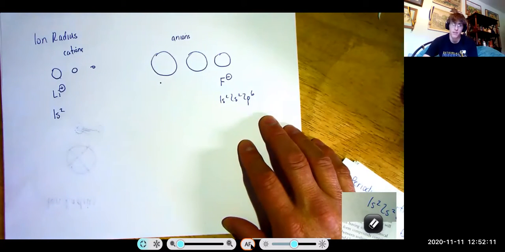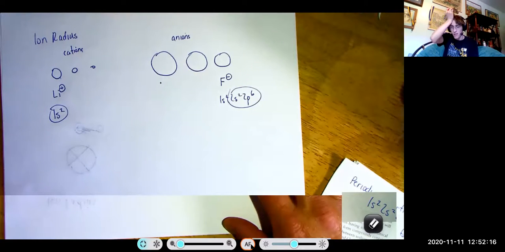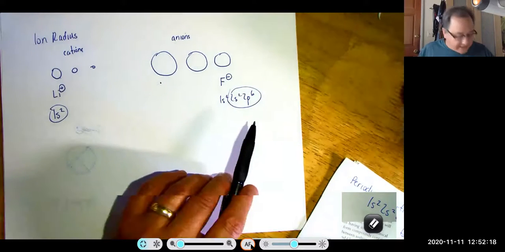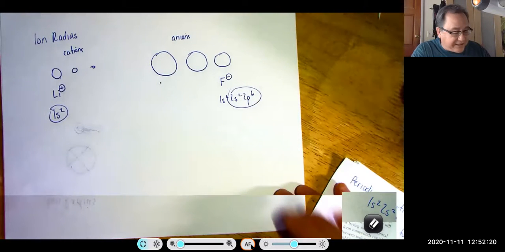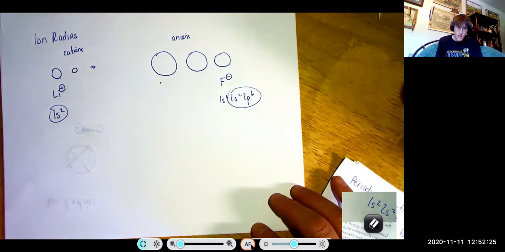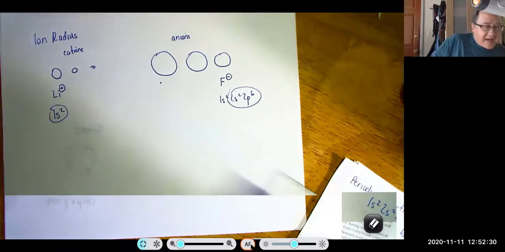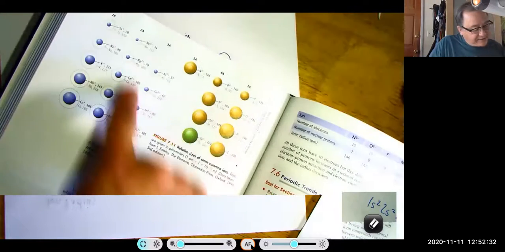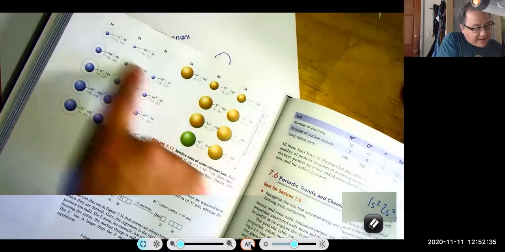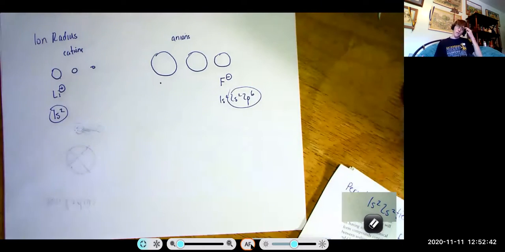Is it because of having the electrons in the second shell? Yes, that's it. That's why anions are bigger. Do you see how every one of these anions is bigger than the cations? Why? Because you're talking different shells.